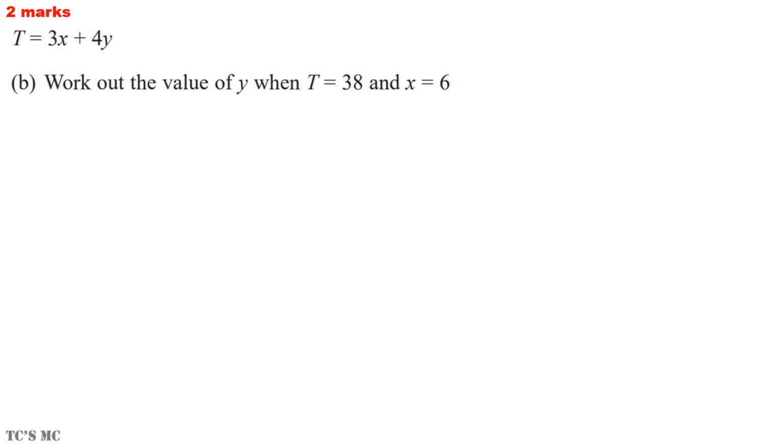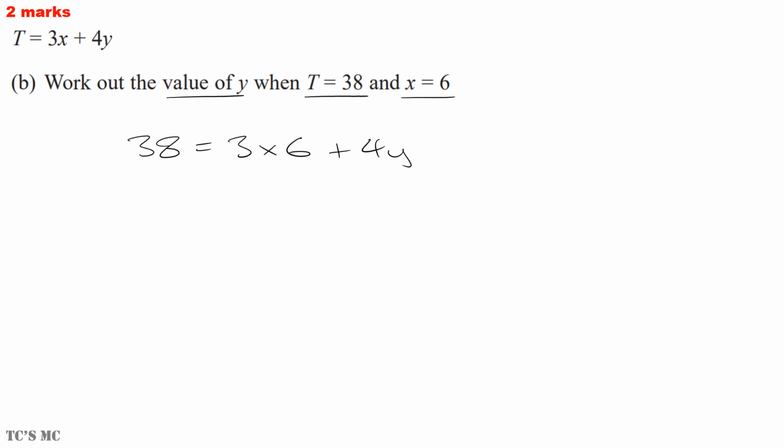The question goes on to say, work out the value of y when t equals 38 and x equals 6. Again, we are going to substitute what we know. So we have 38 is equal to 3 multiplied by 6, add 4y.